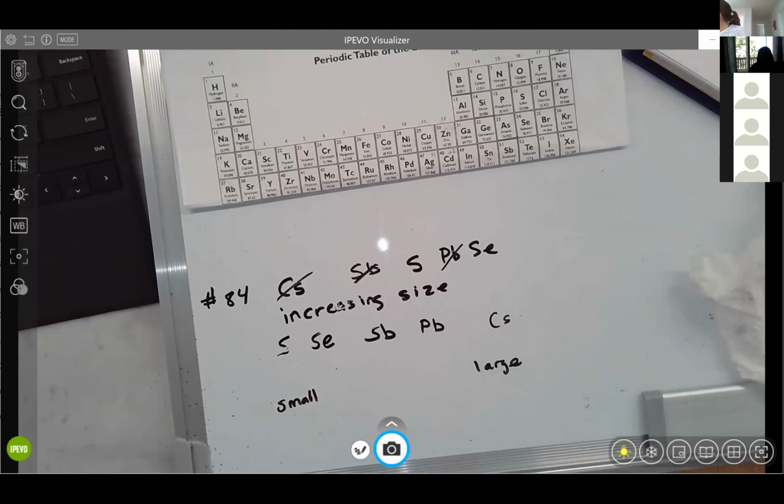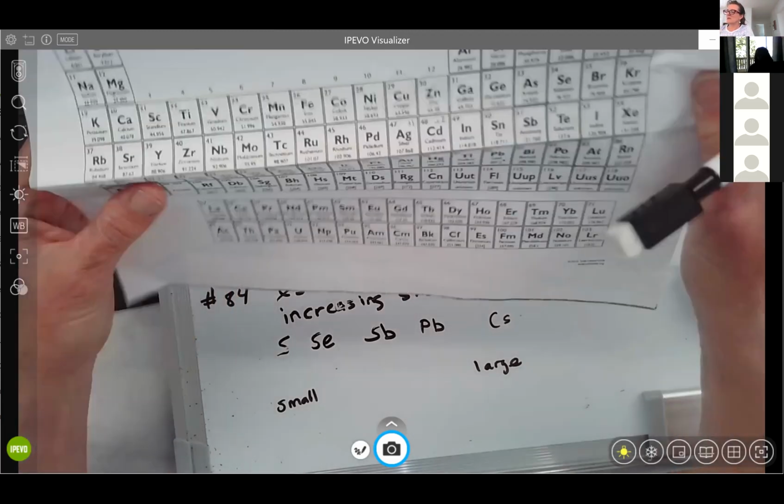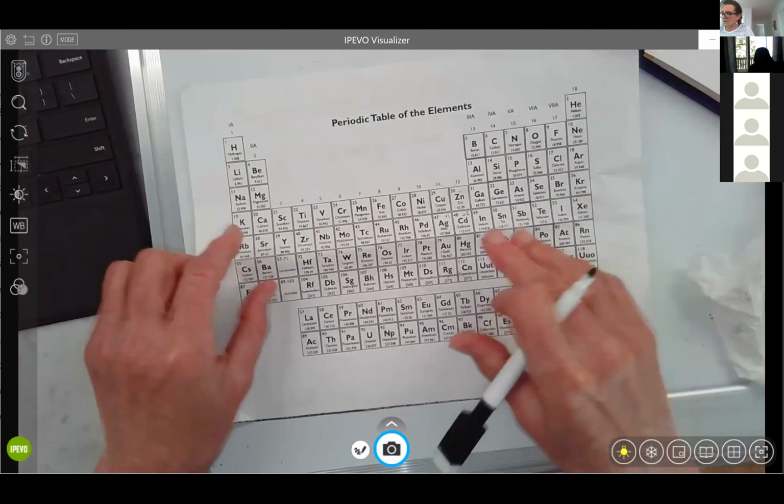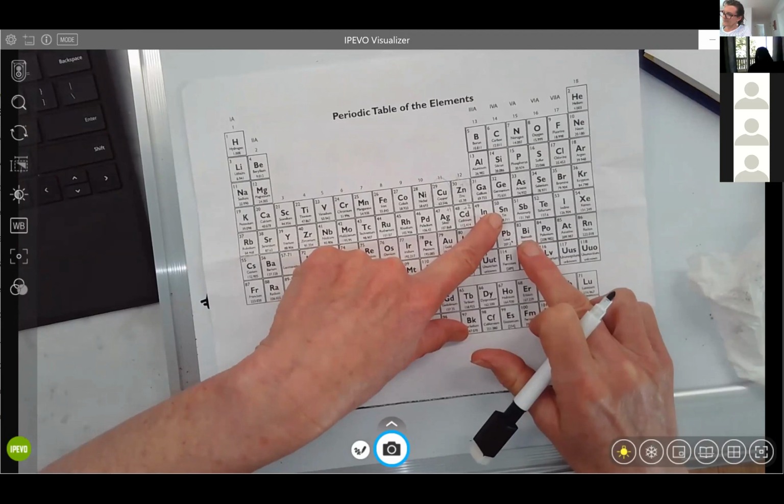Sn to Bi. What page is it on? Oh, here it is, page 308. Sn to bismuth. And the answer was cannot be determined based on periodic properties alone. Oh, all right.